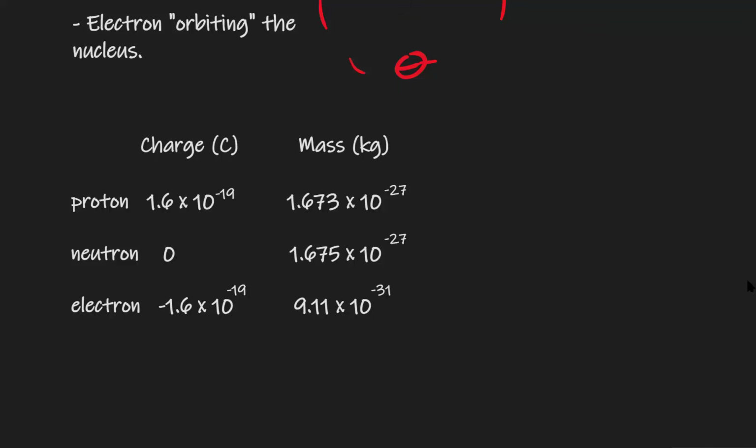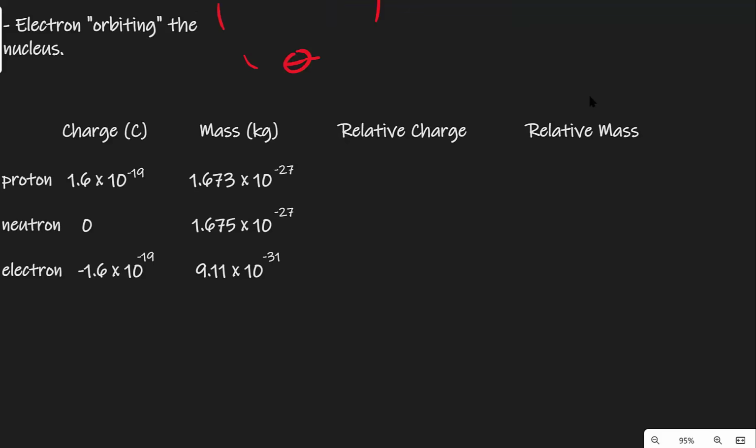You may also come across a notation that talks about the relative charge and the relative mass. In those units, the proton will have a relative charge of plus 1, the neutron will have a relative charge of 0, and the electron a relative charge of minus 1. We could also talk about relative mass.